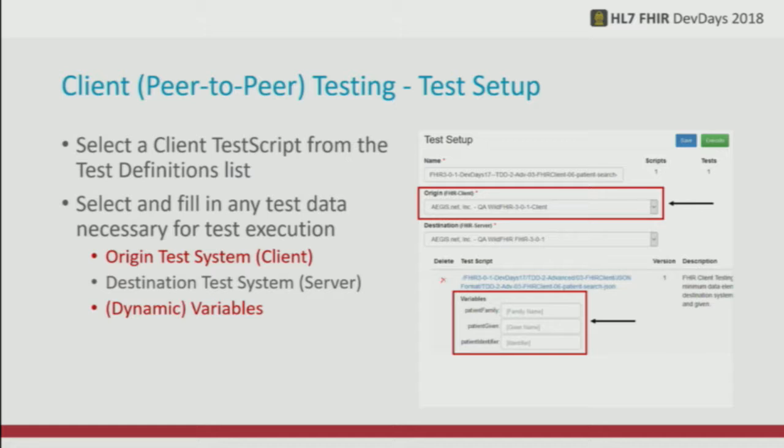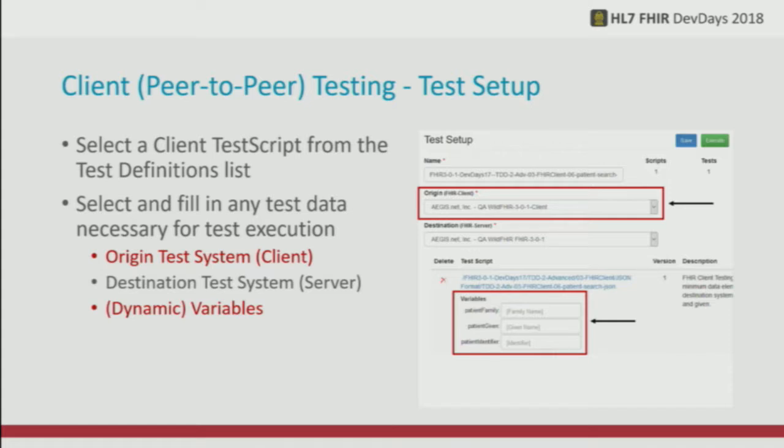In Touchstone, you define test systems as either being a FHIR client or a FHIR server. So that's why the list will be different here based on what type or what profile or actor of the system you're trying to use. So this will magically appear in the UI, and you'll be able to choose who your client is, and then the server, of course. This is just showing another thing that might show up.